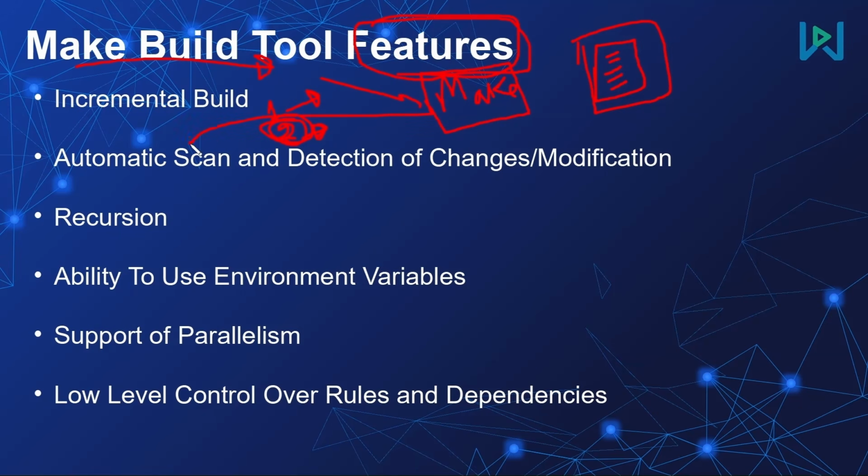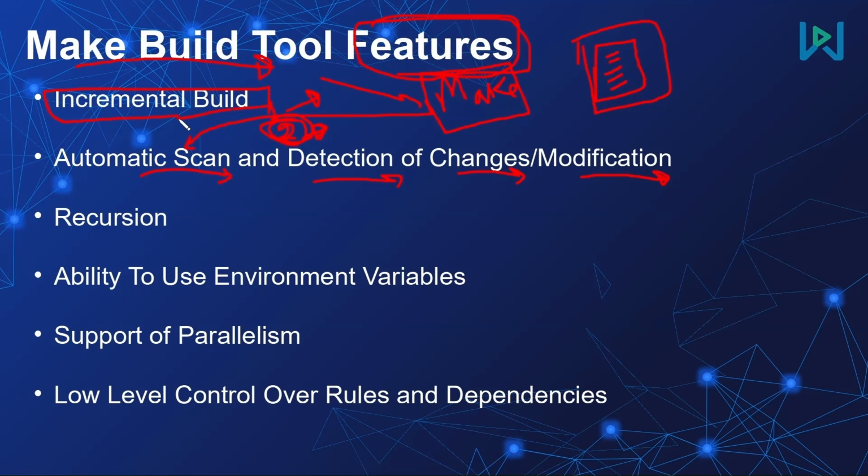This leads us to the second point, which is that Make has the ability to scan and detect changes and modifications that happen on our sources. And hence, once we try to build our project a second time, we'll end up having an incremental build.